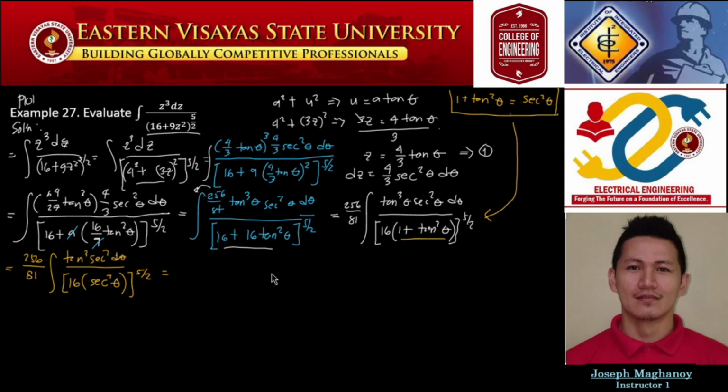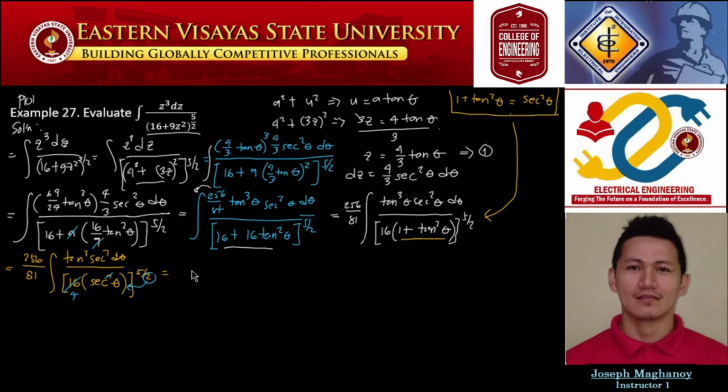We need to apply our root to our 16 secant. Okay, if we apply our square root here, we cancel out the 2 and reduce 16 to what? Of course, the square root of 16, that is 4.